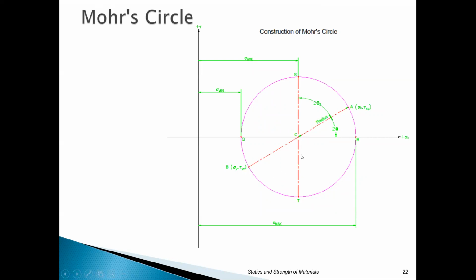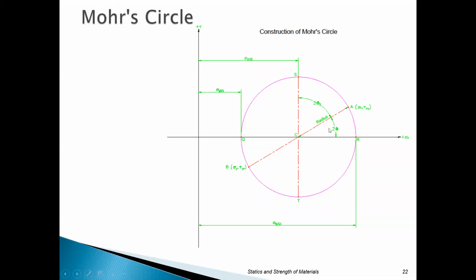Now, interestingly, C here is the center of Mohr's circle itself, and that always occurs on the x-axis. So C is always on the x-axis, so it's always going to have a value in the x direction, but the y of it will always be 0. If it's not, then you're doing something wrong.